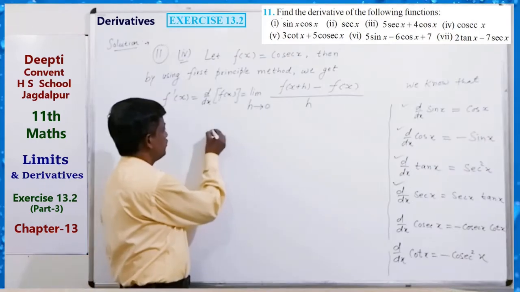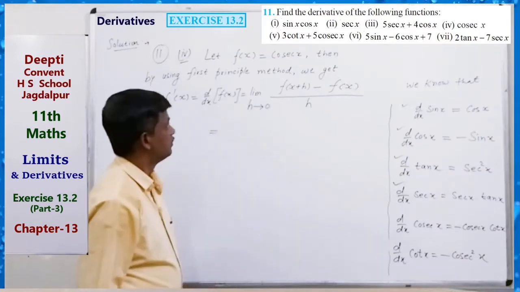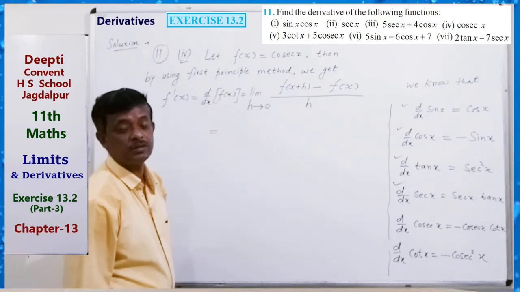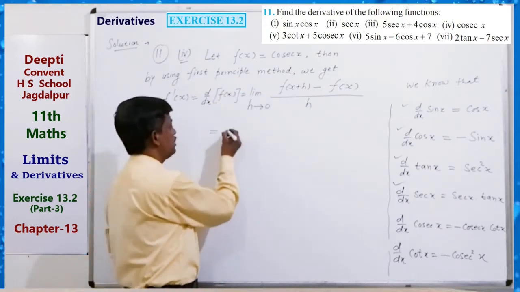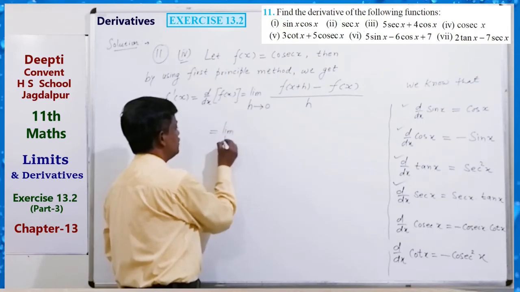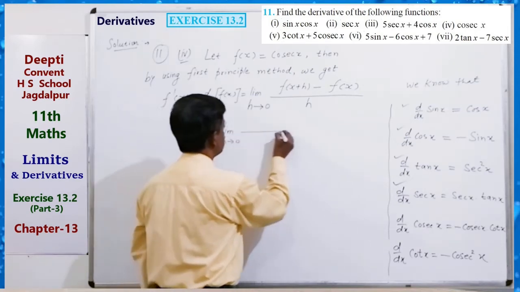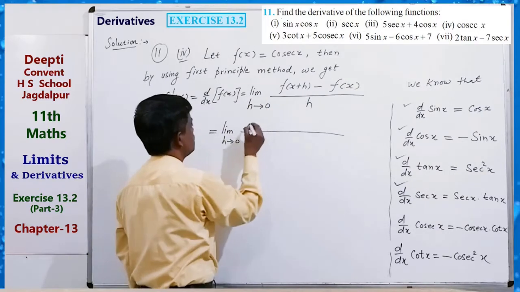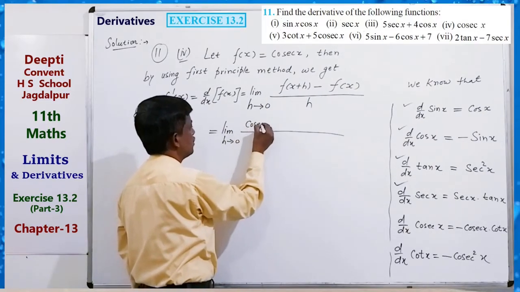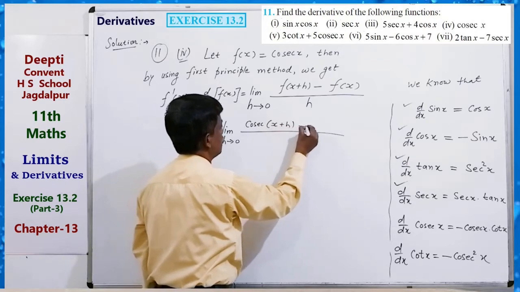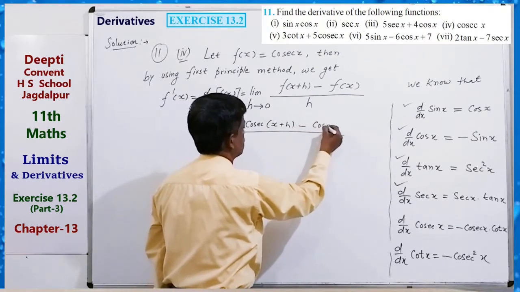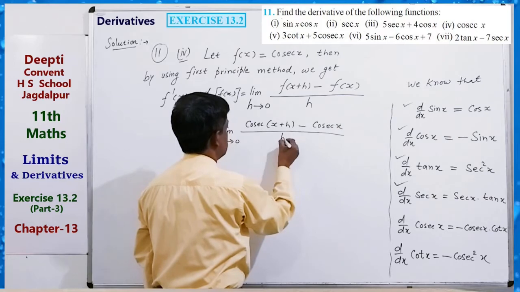And here we know cosec equal to 1 by sine. So you have to convert into either sine or cos format. So here limit h tending to 0. Just write first the value of function cosec x plus h minus cosec x upon h.